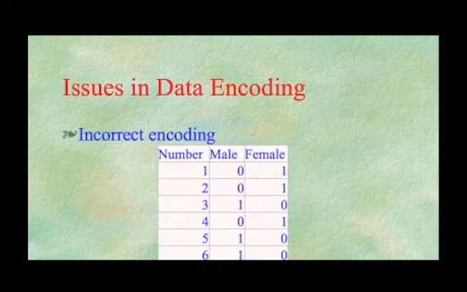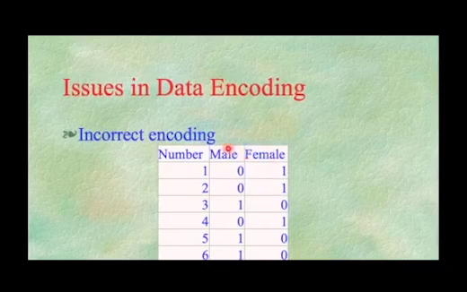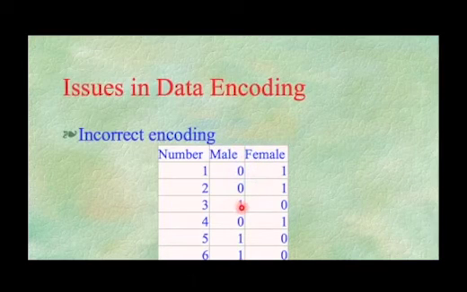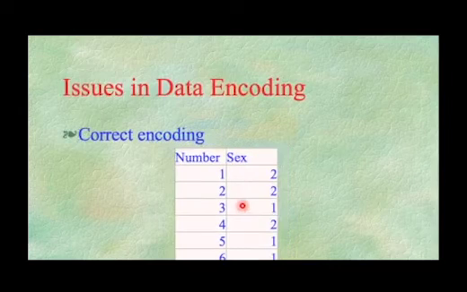For example, this is an incorrect encoding. Sex is mutually exclusive. You don't encode this in two columns. It should be encoded in just one column. So this one is a female, then this one is a male. To encode that correctly, just say 2 for females and 1 for males.